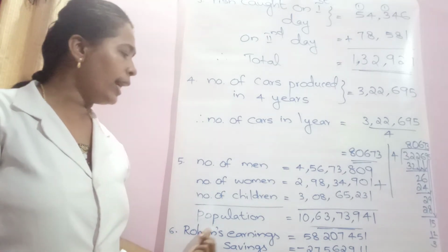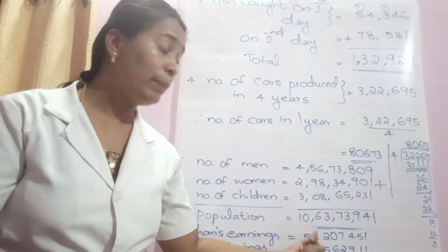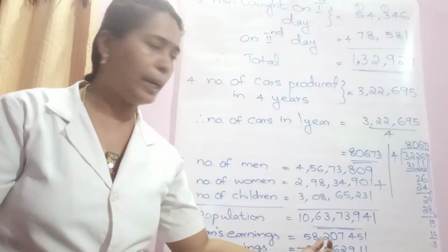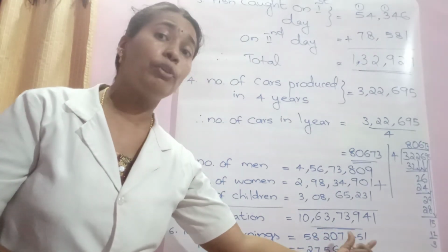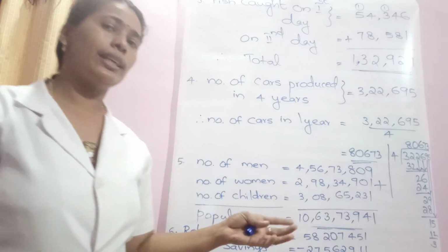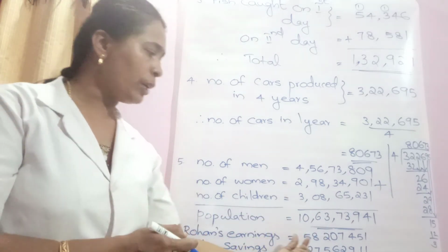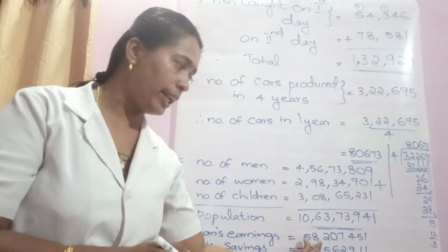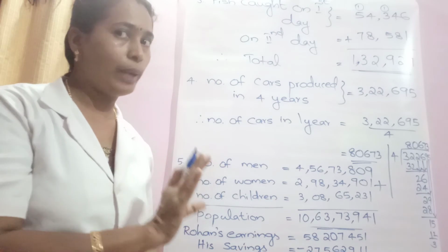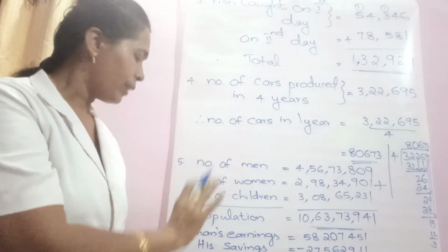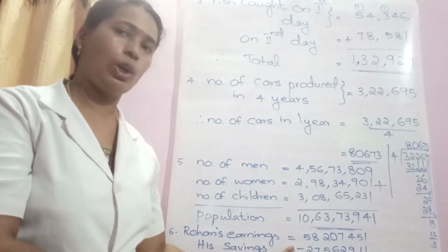Rohan's earnings is given as 58 million, 58,207,451. So the teacher has written in terms of numerals, but the teacher didn't put commas. According to the question, Rohan's earning is 58,207,451. The teacher didn't put any commas. Keep it there itself. Next one, his savings. His savings is given in terms of like this.